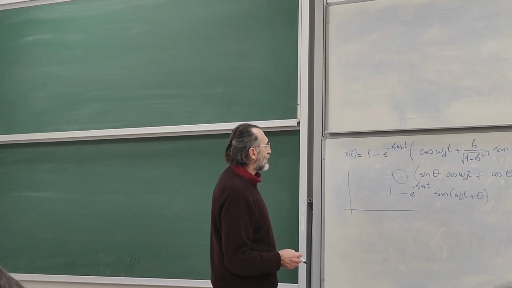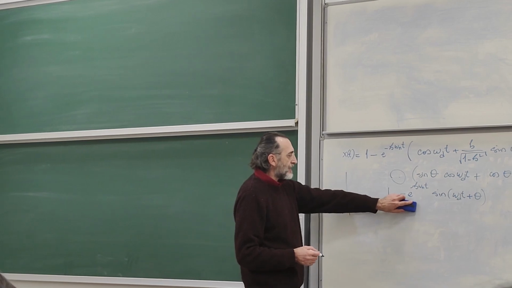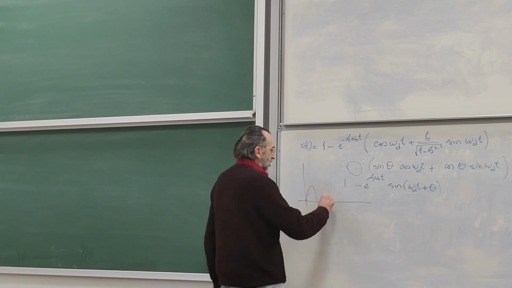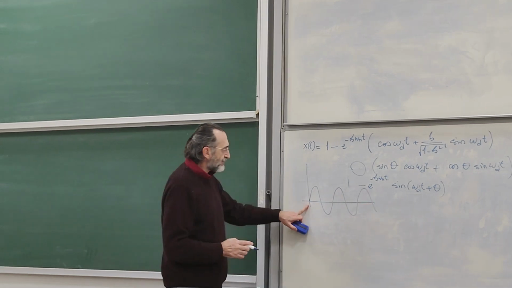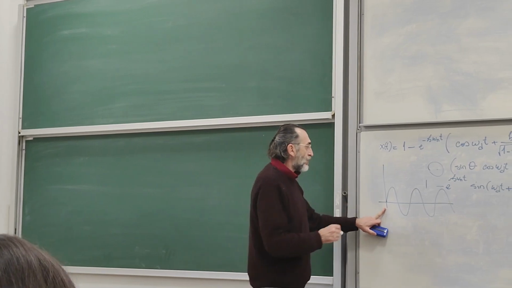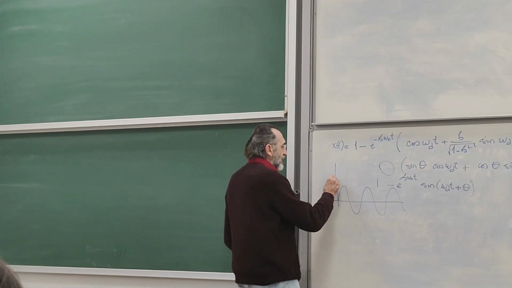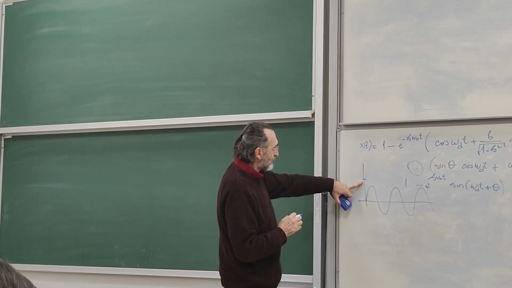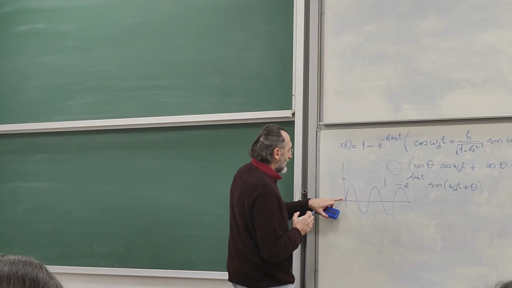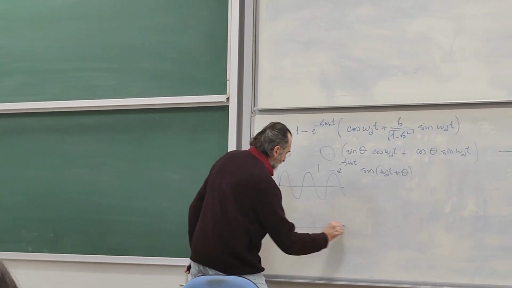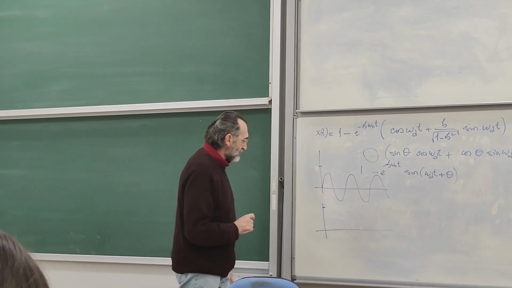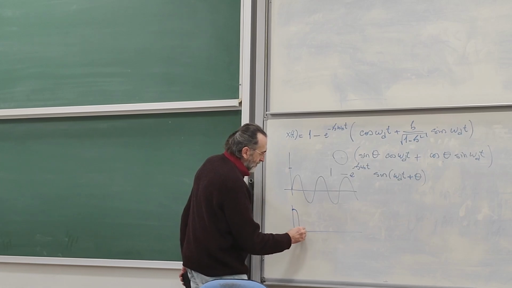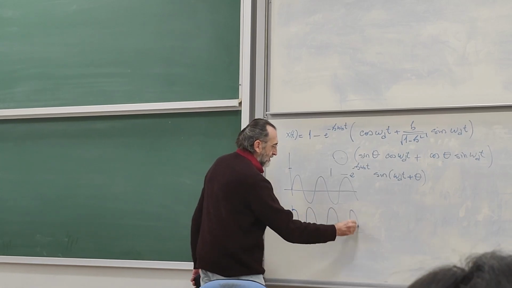So anyway, this has a sine, which means that we're starting from 0. But it's 1 minus a sine, so we have to subtract the sine from 1. So 1 minus this, we're going to have to start from here, and then we turn it into a sine like that.